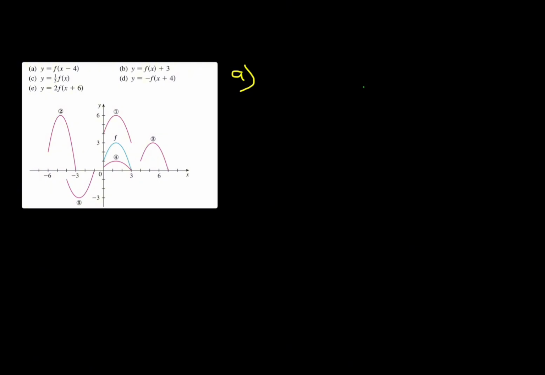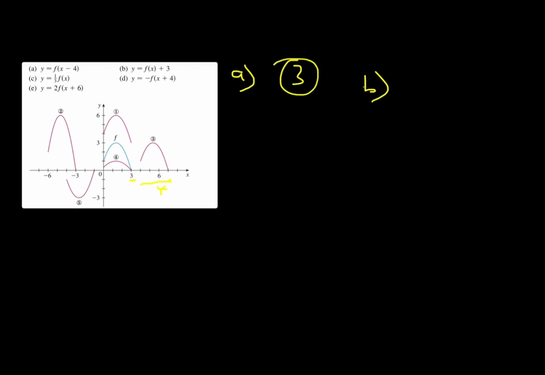So let's look at the one that has shifted to the right by 4 units. F is at 3, and now it's all the way here. This is 4 units away. So we can see that equation 3 has shifted 4 units to the right. So A happens to be equation labeled 3.